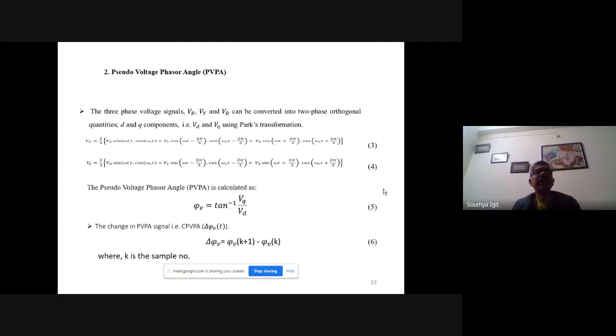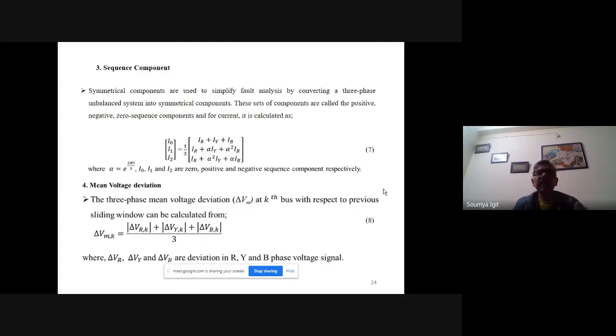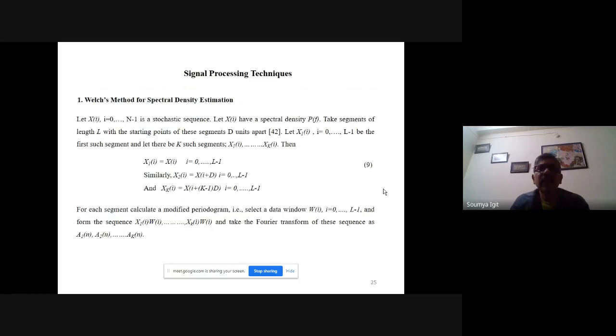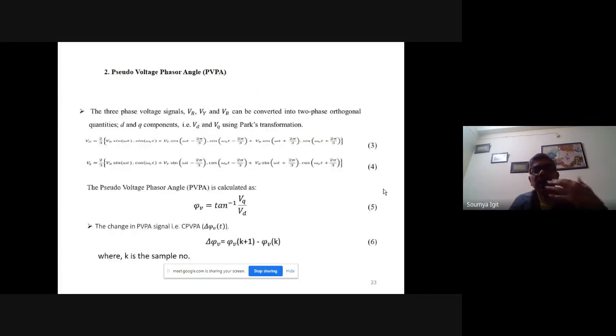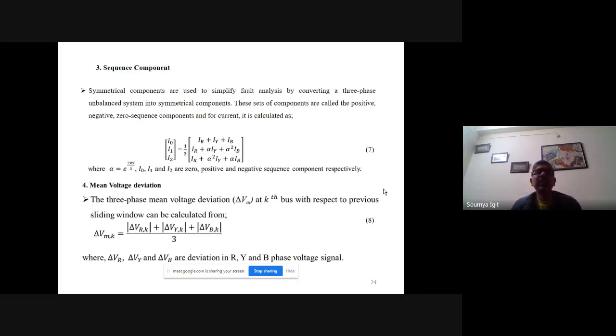That means you are decoupling with respect to the transformation, and you are going for the symmetrical component base for the deviation of the mean voltage, and correspondingly you get the phasor information and the mean voltage deviation at a specific bus with respect to the sliding window that you are talking about.